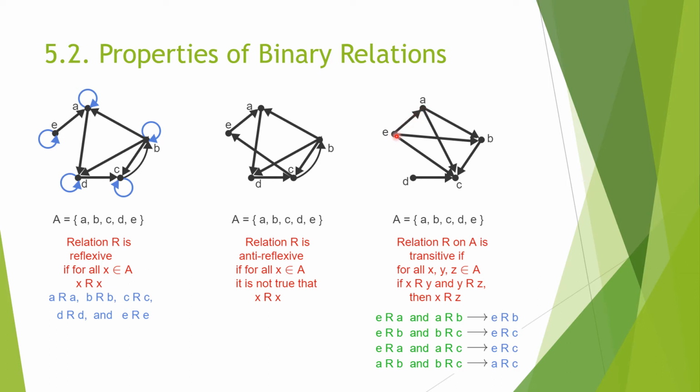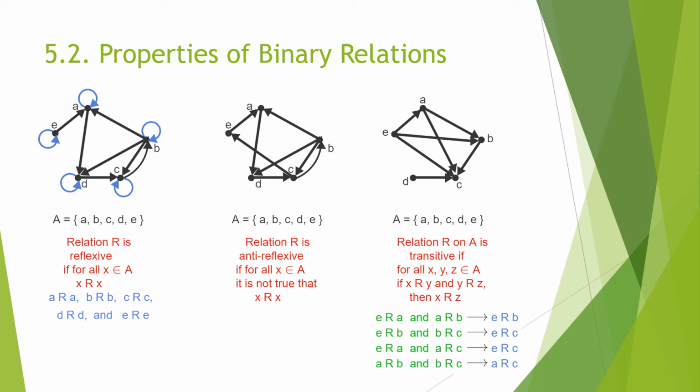E is related to A, and A is related to B. Based on the definition of transitivity, E has to be related to B too. As you see, there should be a triangle between E, A, and B. This triangle exists, and that means that the definition of transitivity is not violated by these three arrows.